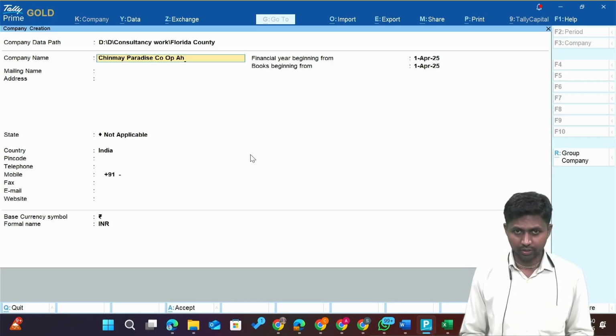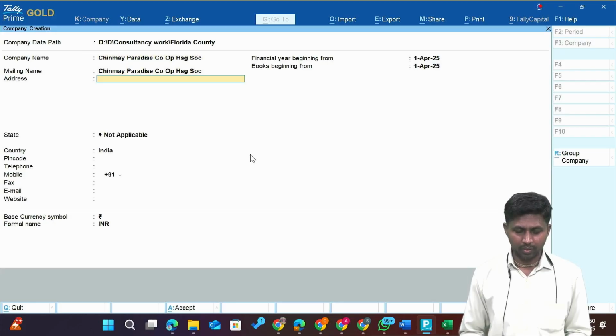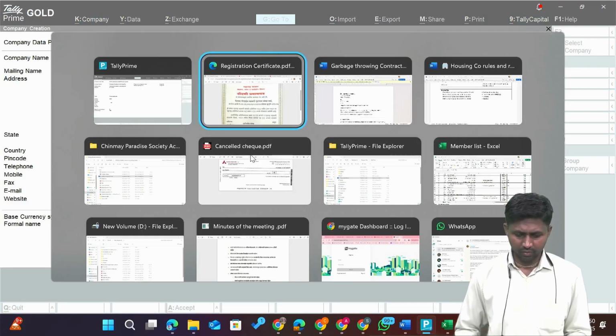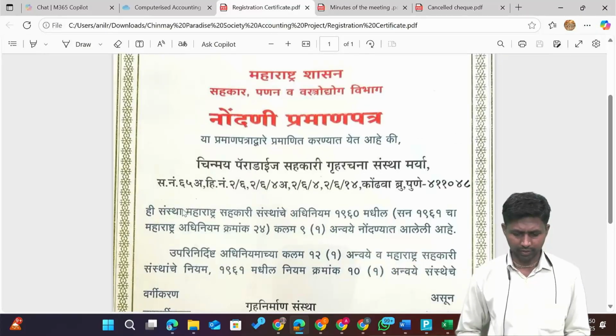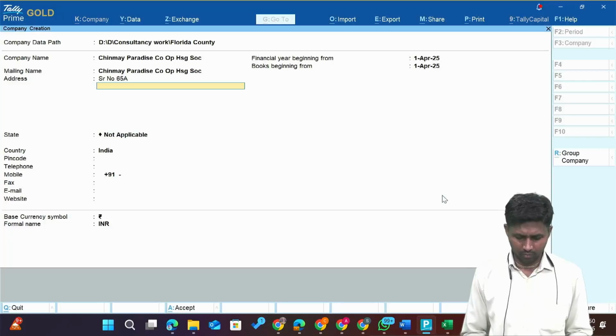Cooperative Housing Society. If we have the survey number, I think 65A, a small address, the full address is given, but there is no need actually. And then this is Kondhwa Budruk, Pune.